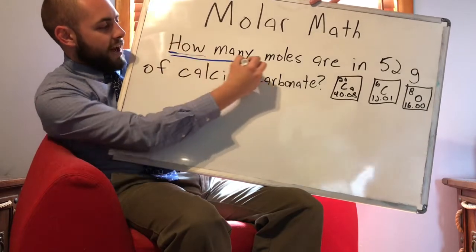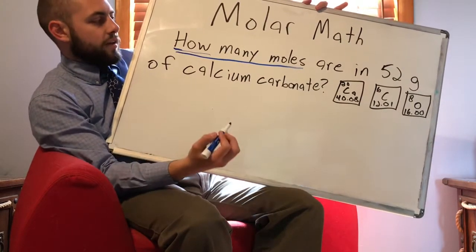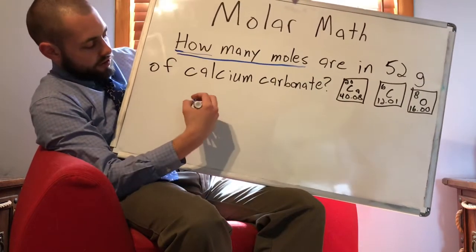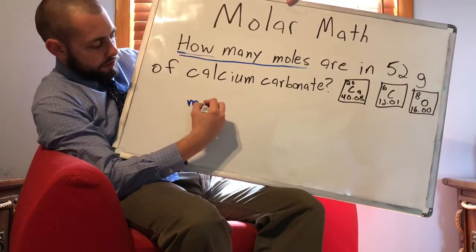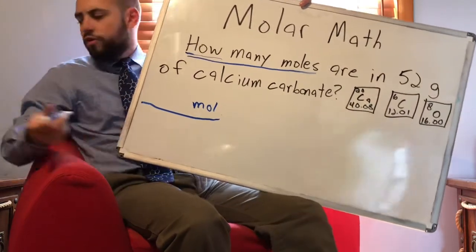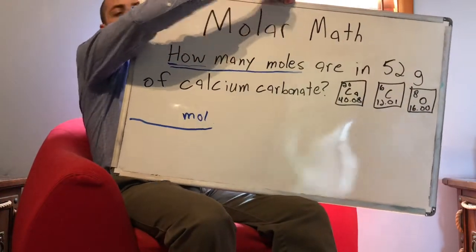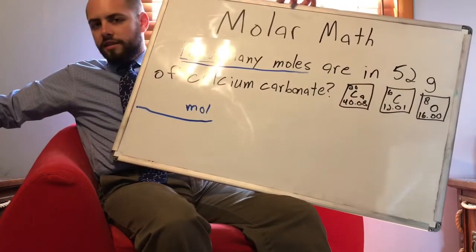And then it says how many moles. Right away, I know that I need to start with moles in the numerator. So there's a pretty good start. I know where my starting point is for my dimensional analysis.